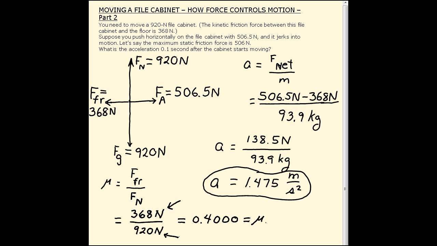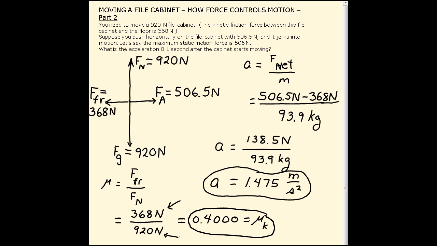So I have my mu. In this case, it was a coefficient of kinetic friction because the force combination was for the cabinet already in motion. You can do a similar calculation for the cabinet when it had just started moving.